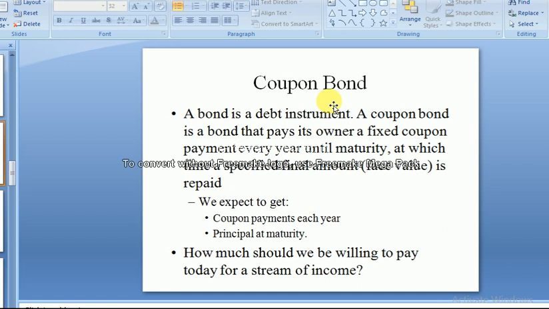At the end of the first year, the investor will receive 10% interest, so 10% of 1 lakh. The second year is also 10%, the third year is also 10%, the fourth year is also 10%, and the last, 5th year, is also 10%, plus this 1 lakh capital or principal amount returns.